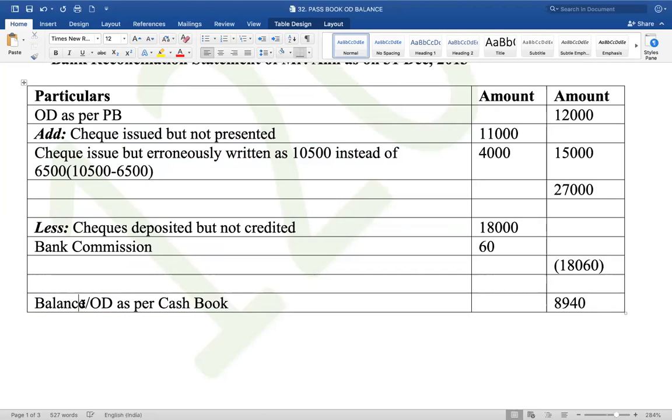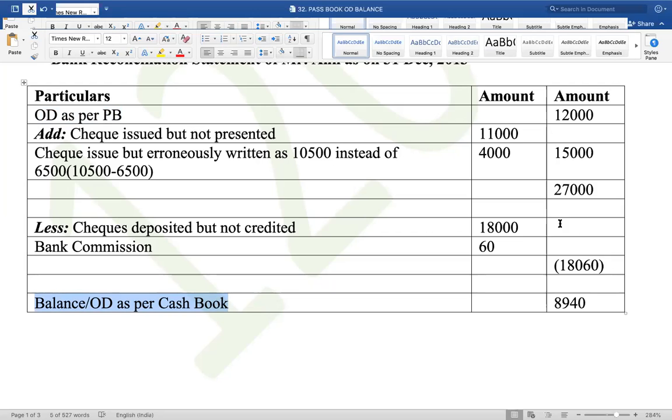This is the ultimate result we get out of this solution. Overdraft as per passbook is given, and you have to make out the overdraft as per cash book or favorable balance as per cash book. How much?